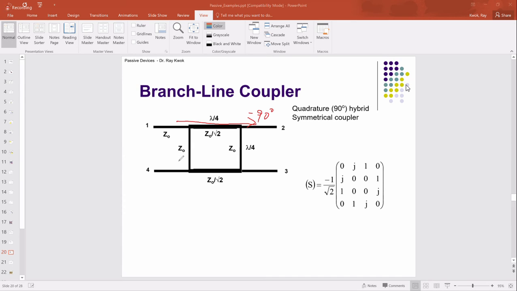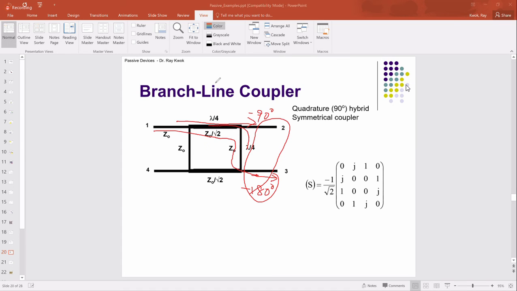So if I look at the signal going to port 3, it has to go through 2 quarter waves. So this is 180 degrees with respect to the input. So the phase shift between these 2 ports is 90 degrees. Get it? Yes. Okay.